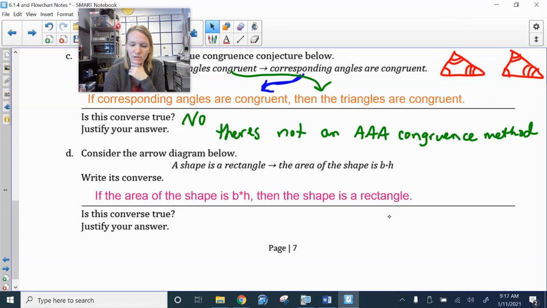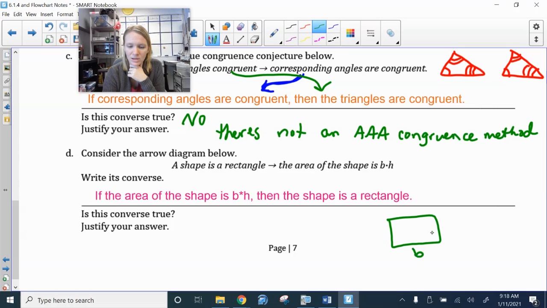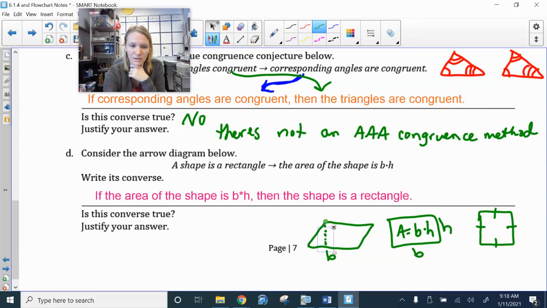Sometimes yes, right? A rectangle, if we think about that, we can do base times height. That's our area. Could it be a square though? So this is where we're talking about the true or false kind of deal. Can you come up with a reason why it might be false?